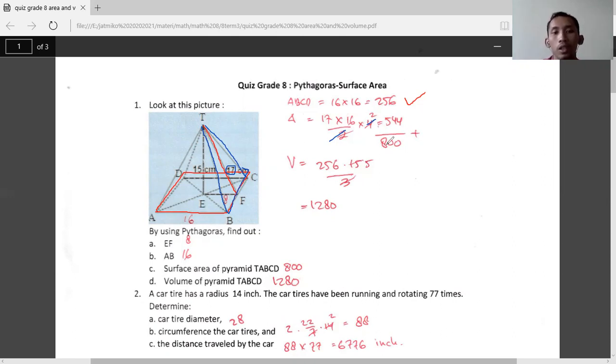So the surface area, we just need to add it, is 800. How about the volume? Volume is base area times height divided by 3.